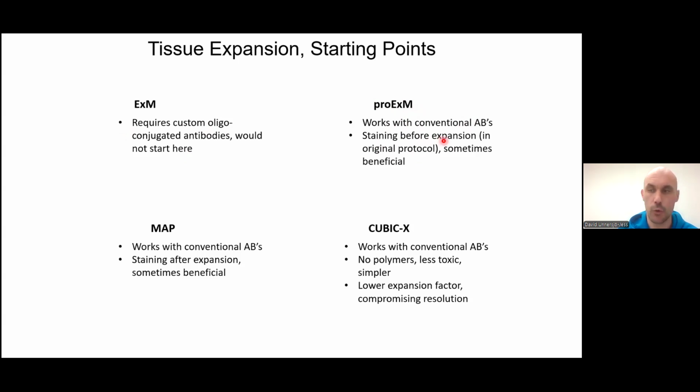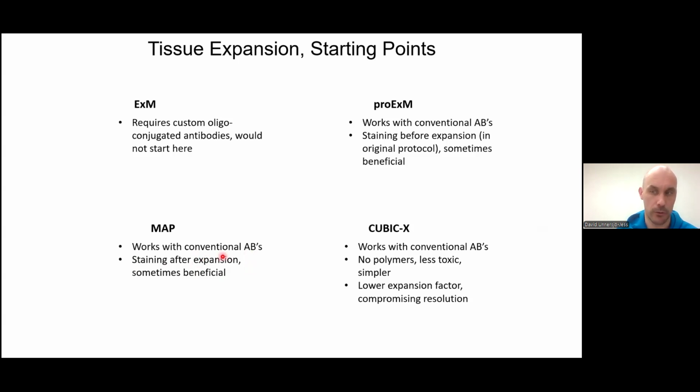So if you know that you have a very good staining in just, I don't know, normal immunohistochemistry, then maybe you want to work with this protocol. But for some antibodies and some stainings, it can be beneficial also to stain after the expansion protocol. So yeah, this depends a little bit on your target that you want to stain for.